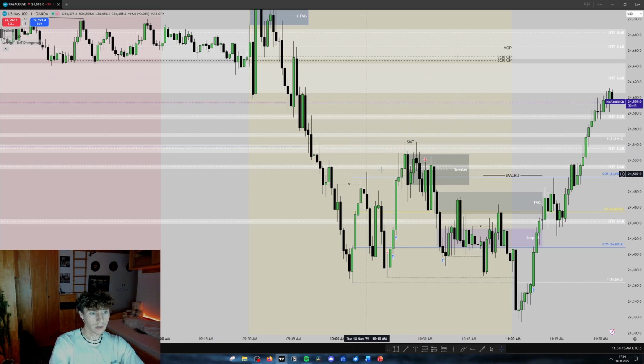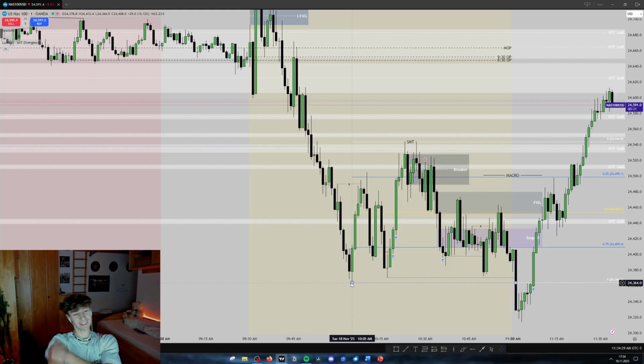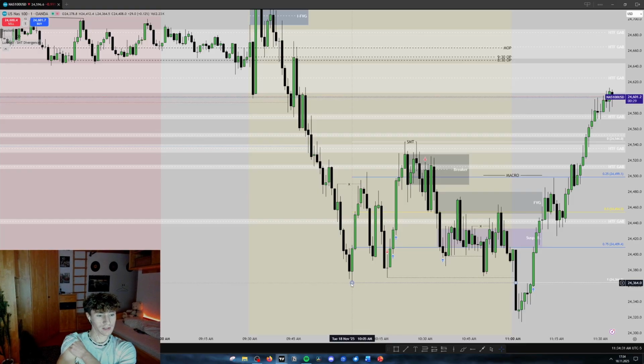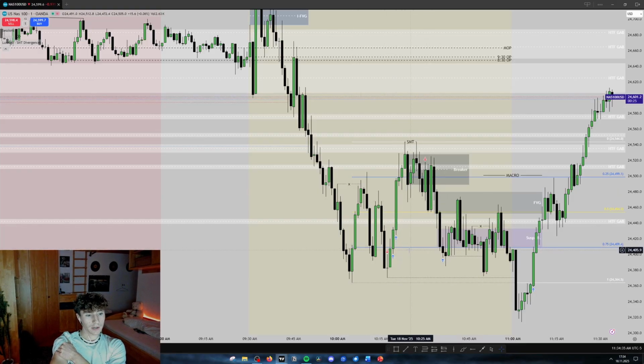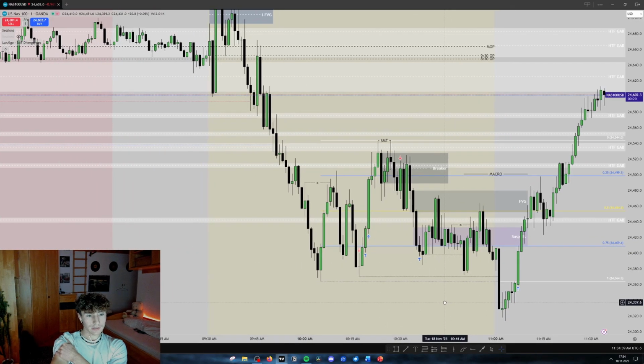Because we formed a top in here and scrapped buy side liquidity on the left, we are now expecting to reach external liquidity, so external sell side liquidity, sorry guys. Therefore we can also keep an eye on the lower quadrant, because that's always really important to price.